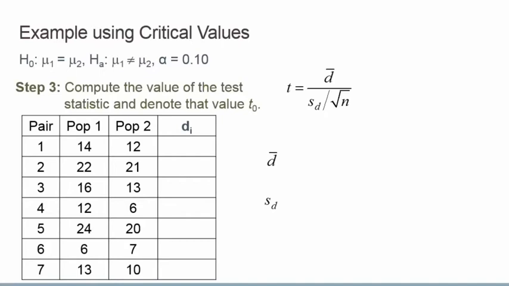In the table, with the pair, population 1 and population 2 as the columns, we're also going to add a column D sub i, and we want to use our calculator to help us find that value.